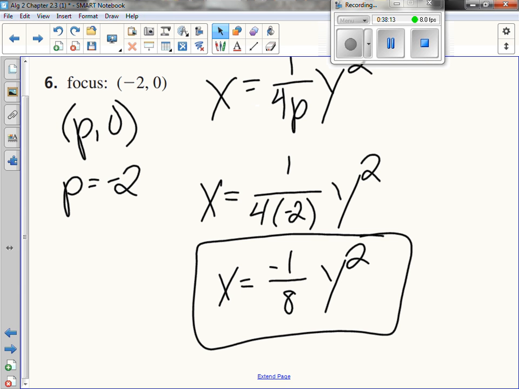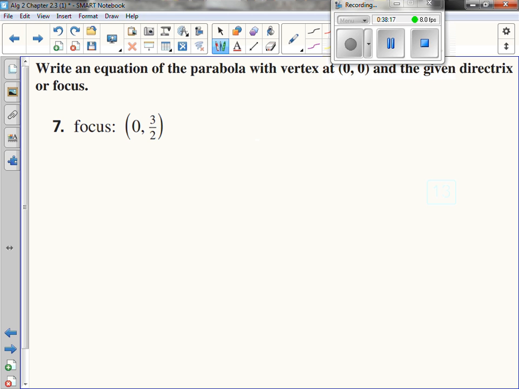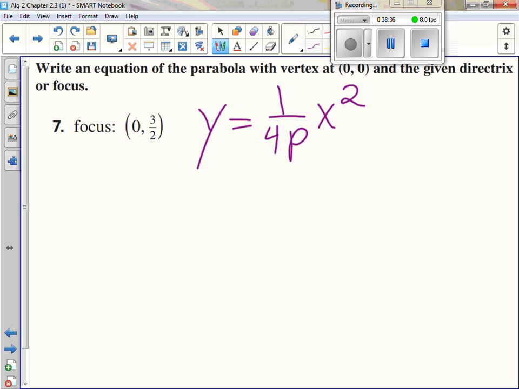Questions on this here? We'll look at one last one, because this is the last one they gave us. 0, comma 3/2. Now this one matches up to y equals 1 over 4p x squared, because for that equation the focus is 0, comma p. The focus they gave us is 0, comma 3/2.